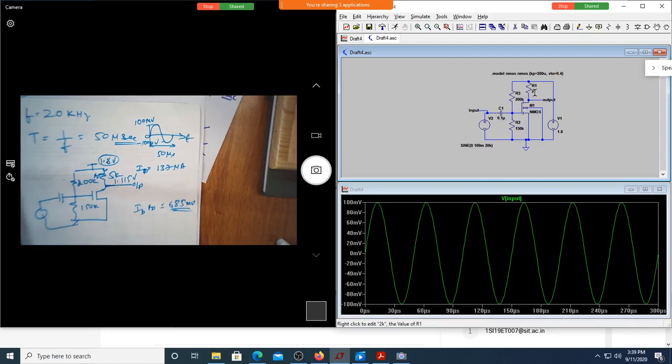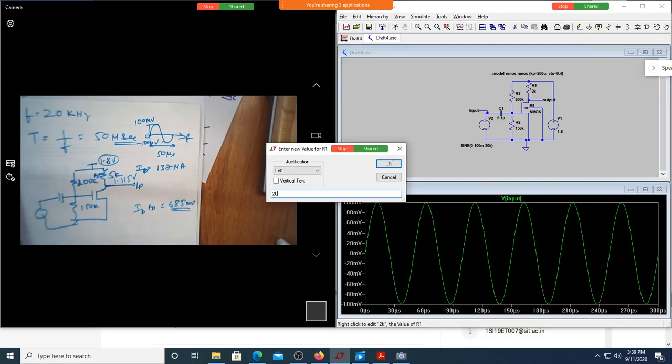Suppose I make RD 20k, what happens? Not 20k, 20k will be too much. Okay, 15k is also too much. Let me make it 10k.